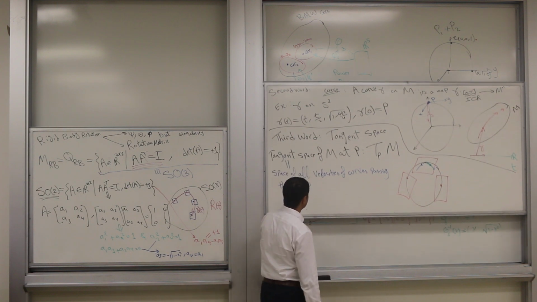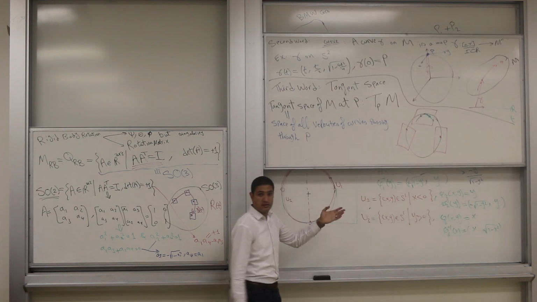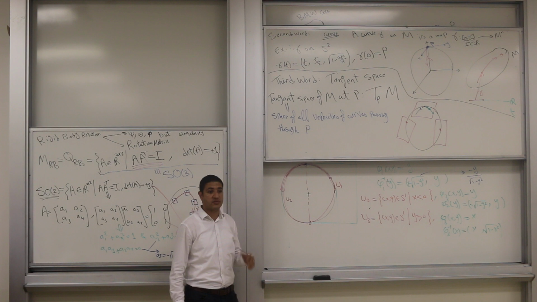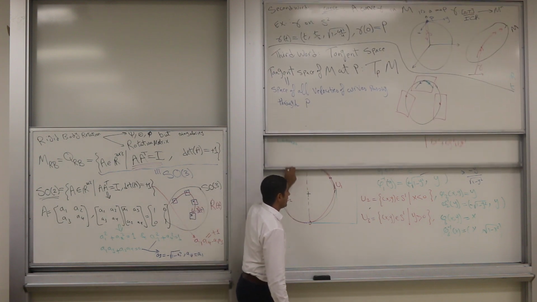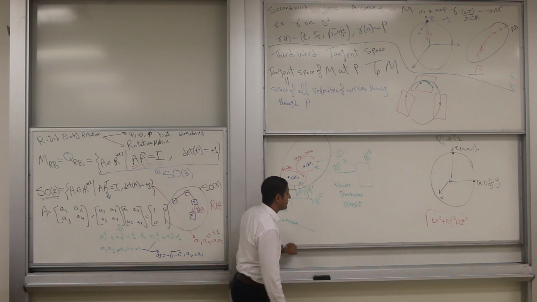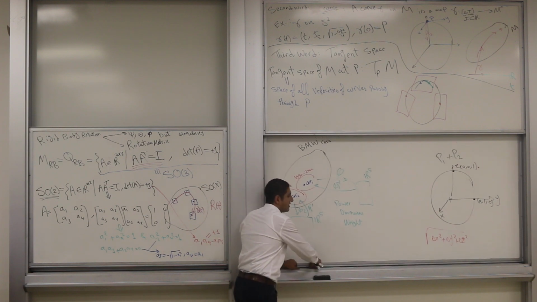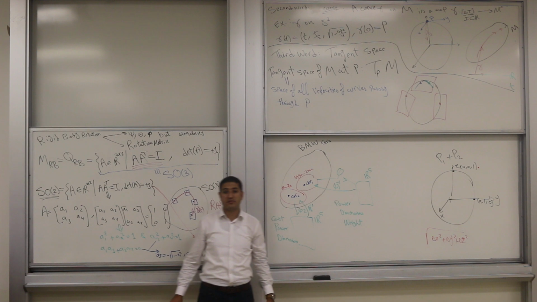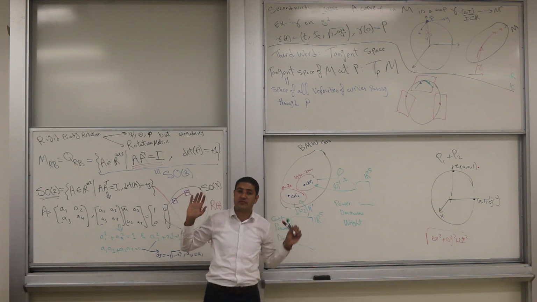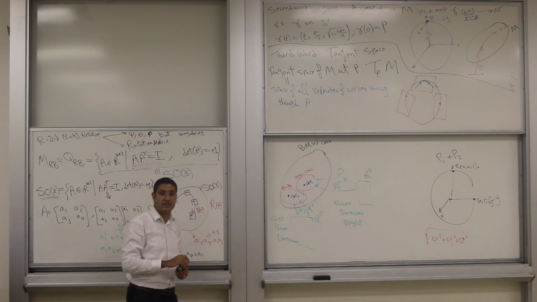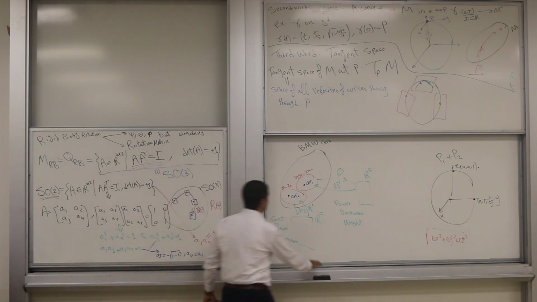Is the tangent space flat? Yeah, it's a flat space. It's a vector space, so you can add things together. It's not completely Euclidean in the sense that so far we didn't say anything about measuring distance or angle between vectors, but I can add vectors. They are velocity vectors and I can add velocity vectors. This is all that we know.